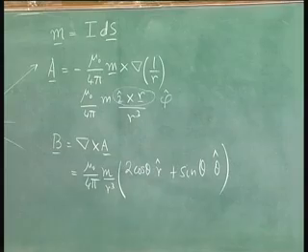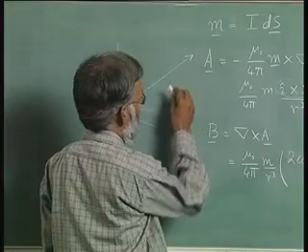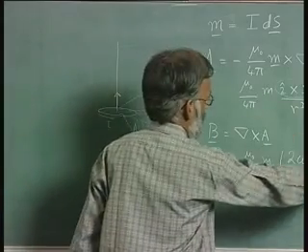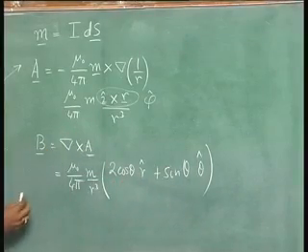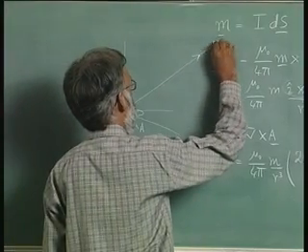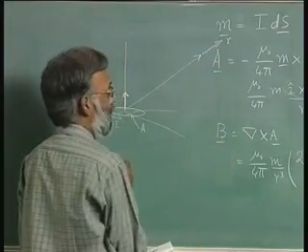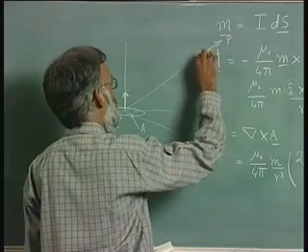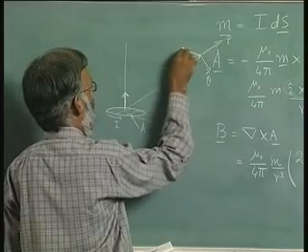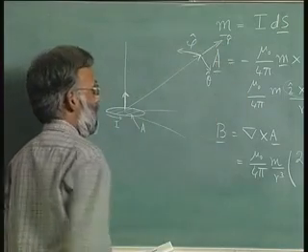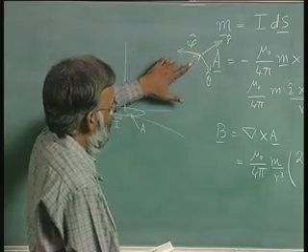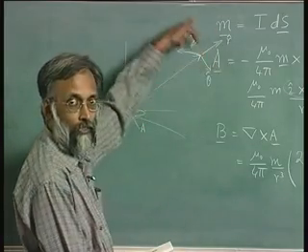That is, the magnetic field has a theta component and an r component. This is in spherical coordinates. So, in a spherical coordinate system, r is in this direction, r hat, theta hat is in this direction, and phi hat is in this direction. So, there is a component in the r direction and a component in the theta direction.